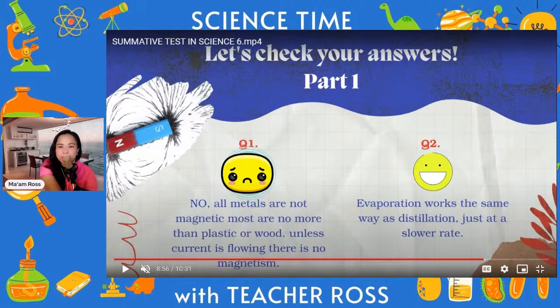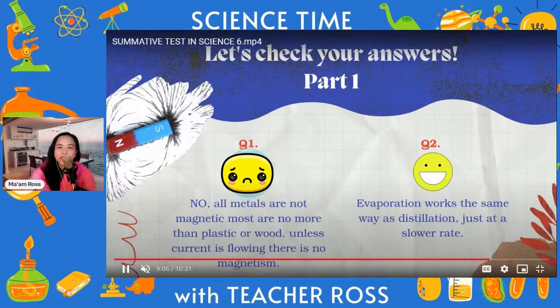For question number 2, the correct answer is smiley face. The reason is evaporation works the same way as distillation, just at a lower rate. So that is our question. Those are our answers for questions 1 and 2. Okay?